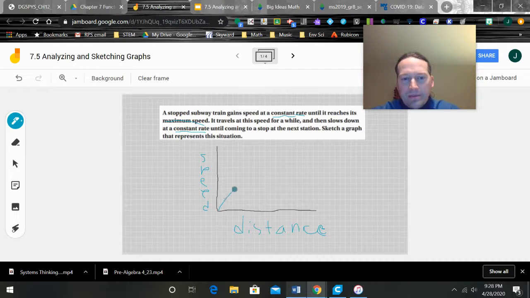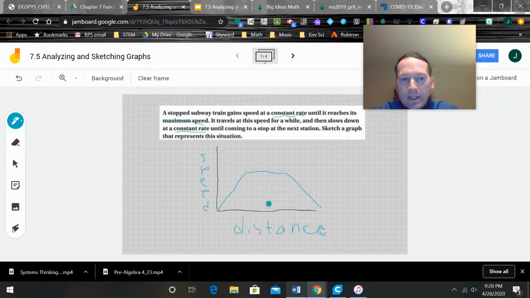Okay, so it increases speed at a constant rate until it reaches its maximum speed. So that's going to be a line. Pretend that's a straight line. It's kind of hard to write with a mouse. Then it goes at a max speed. So this is the max speed, and that's going to be a straight line. And then it's going to slow down at a constant rate of speed, which would be a straight line.